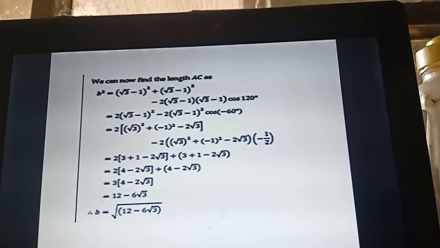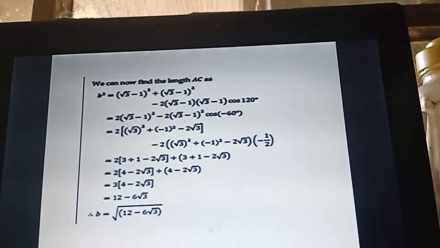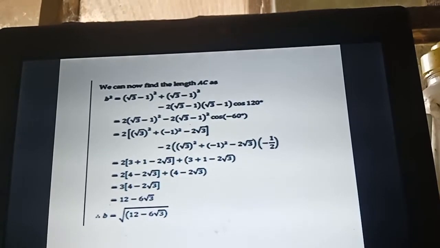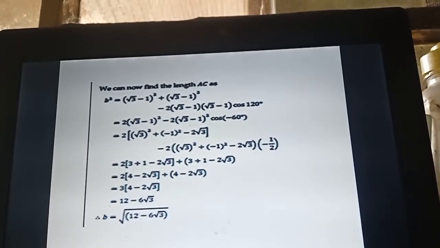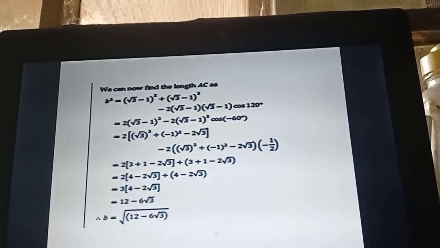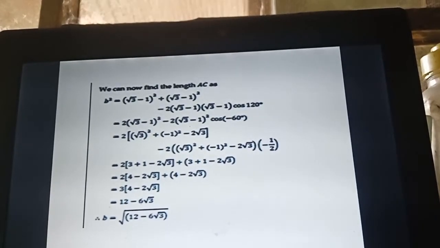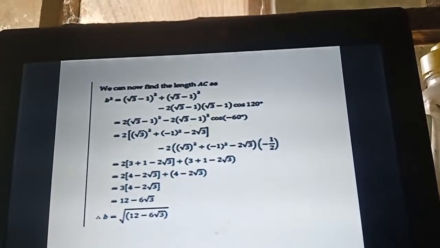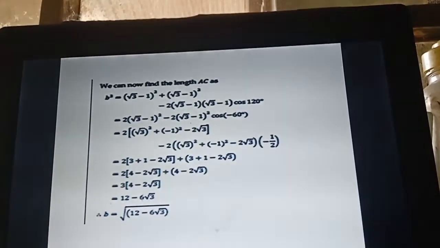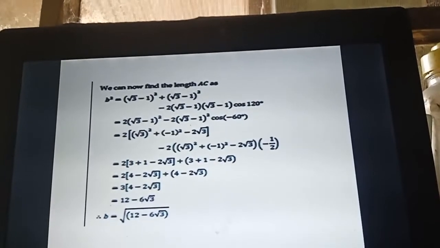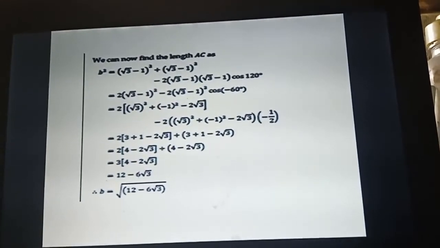By substituting the values from above, we have this: 2 into (root 3 minus 1) square minus 2 (root 3 minus 1) square cos (180 minus 60) degree. Are you following? You see?